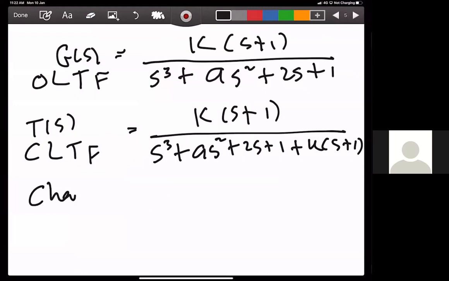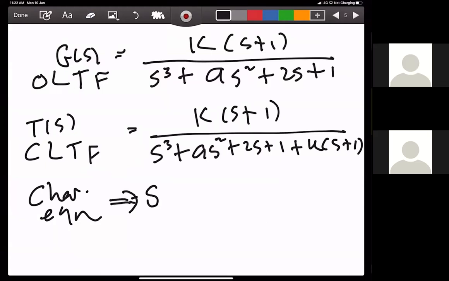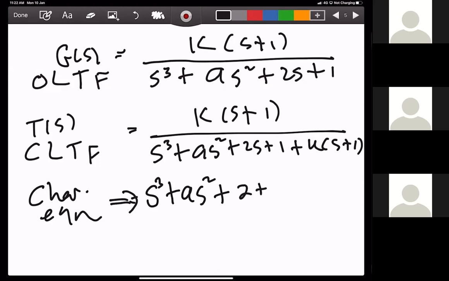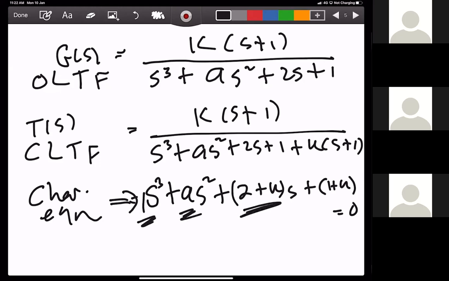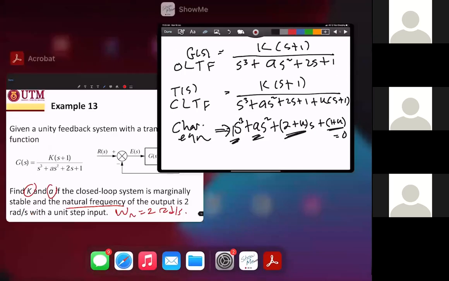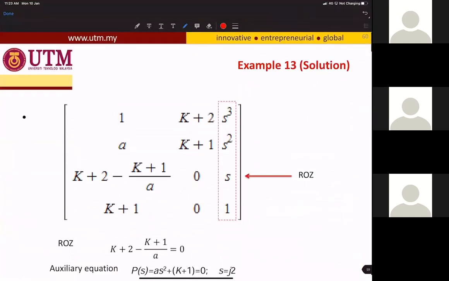So the characteristic equation. It's S cubed plus A S squared plus 2S plus KS plus 1 plus K. So the coefficients are 1, A, K plus 2 for S, and 1 plus K for S power of 0.